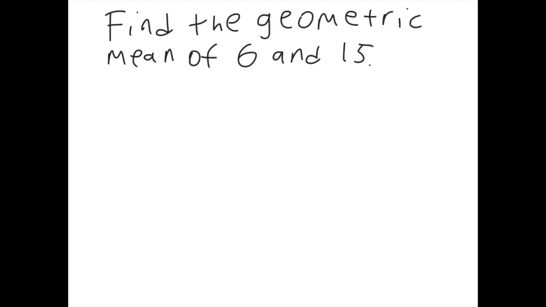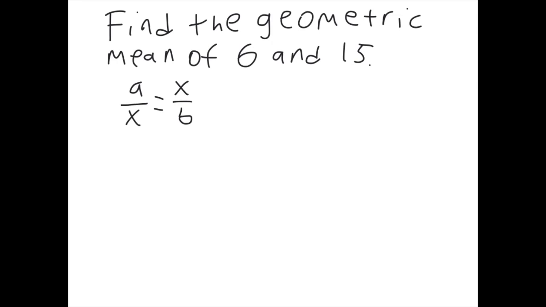Let's get started. So for the first example, we have find the geometric mean of 6 and 15. When you deal with geometric mean, here's how you're going to set up every example. A over x equals x over b.